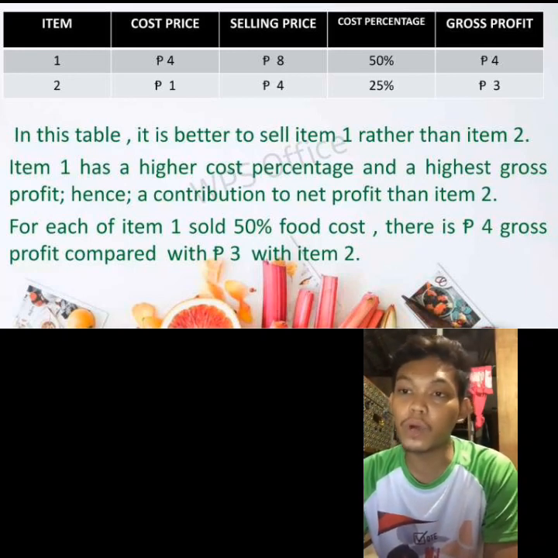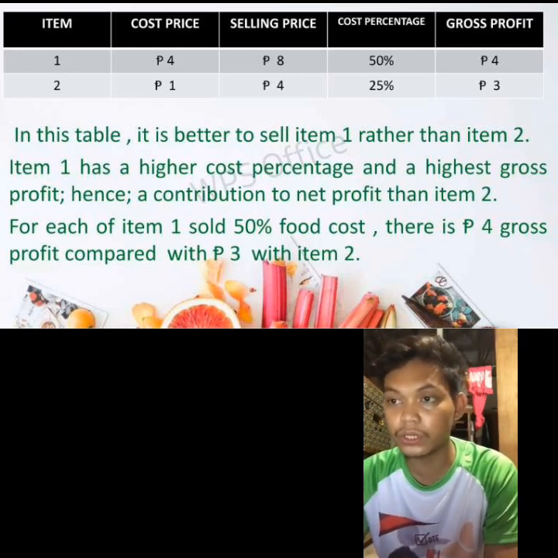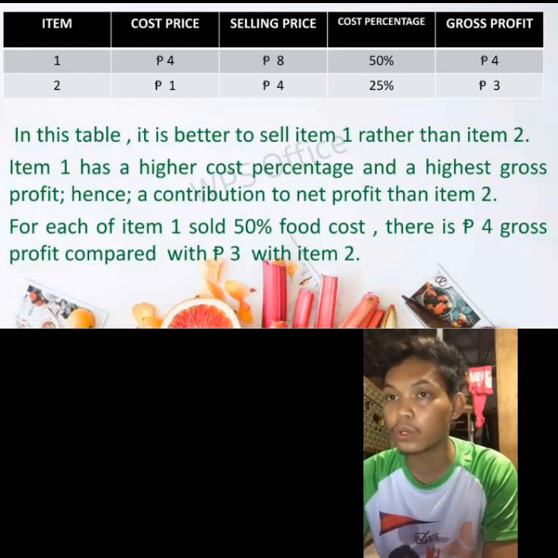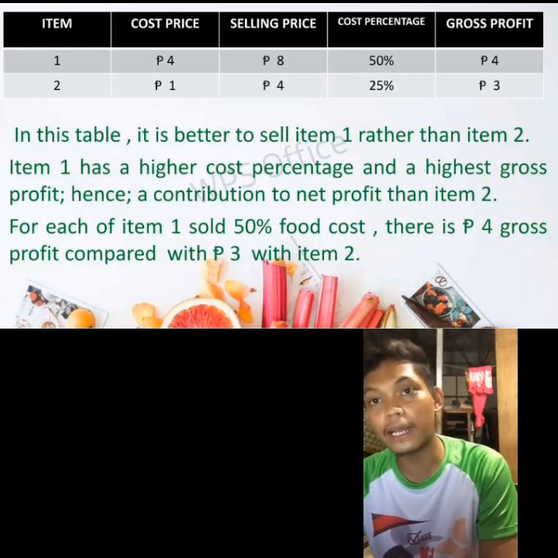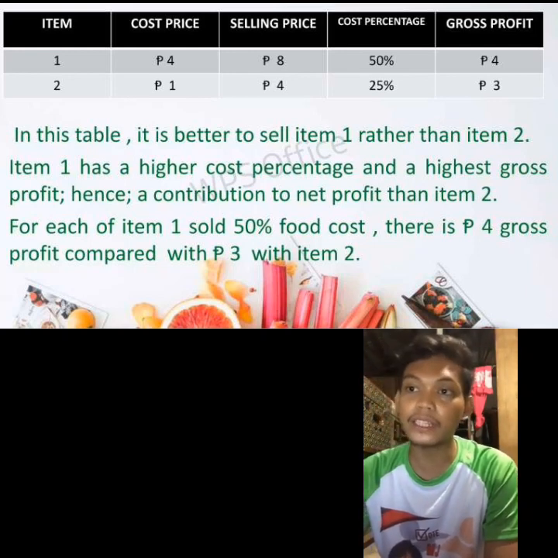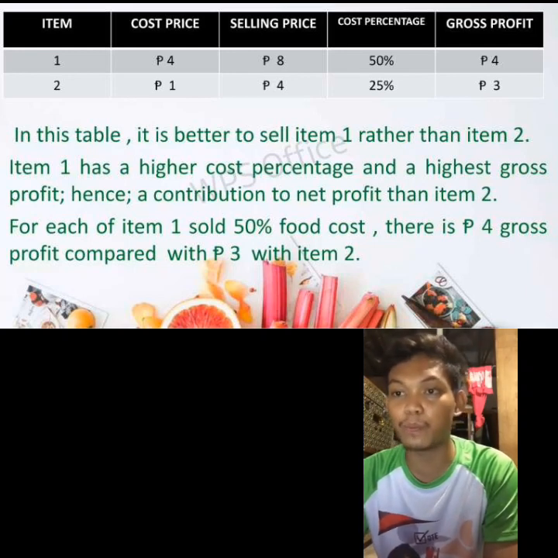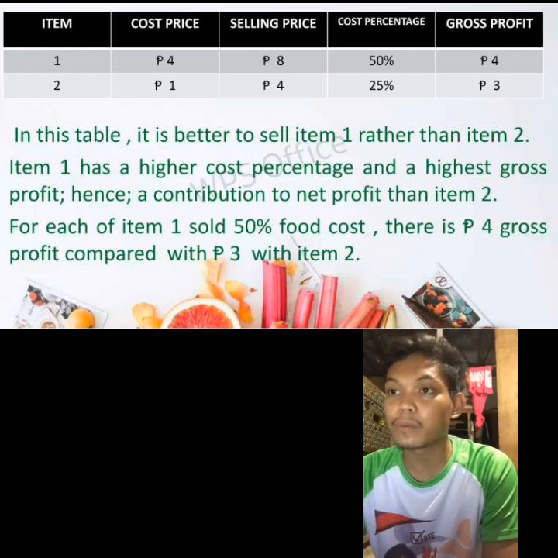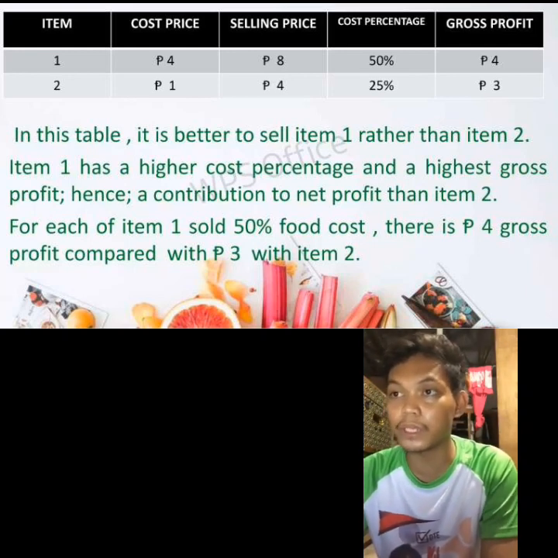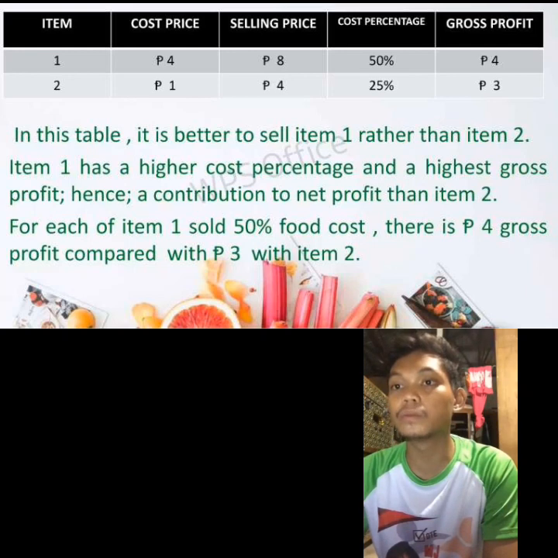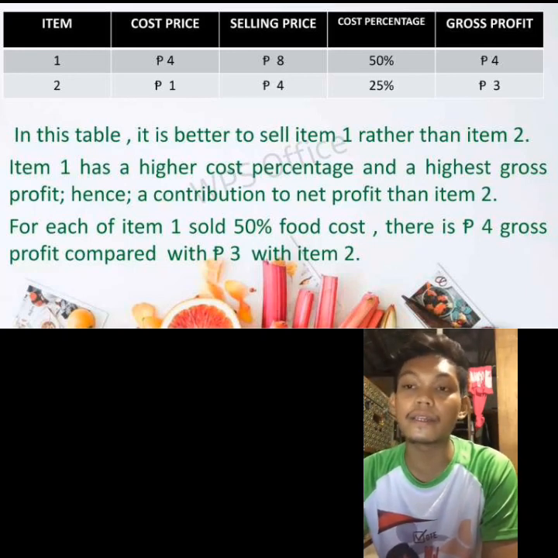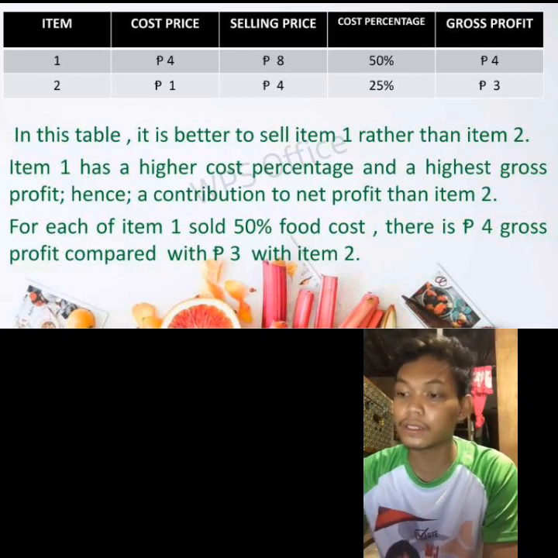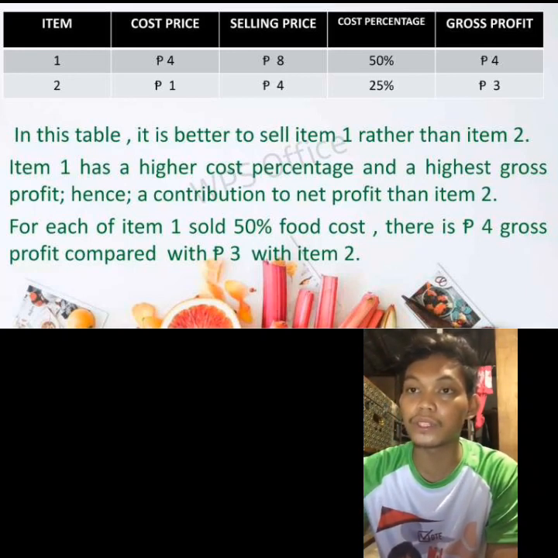For each item 1 sold at 50% food cost, there is 4 pesos gross profit compared to the 3 pesos with item 2. So it is better to sell item 1 because it has a higher gross profit than item 2. Although it has a 50% cost percentage, the gross profit is higher and it could make your company rise and make more profits.